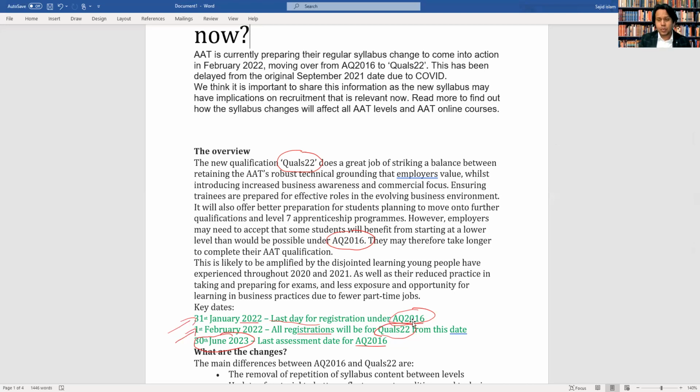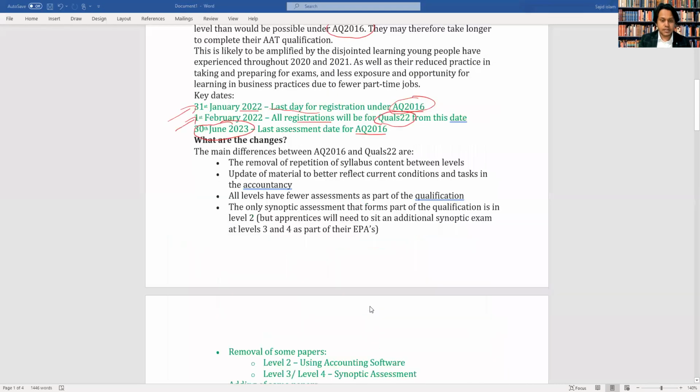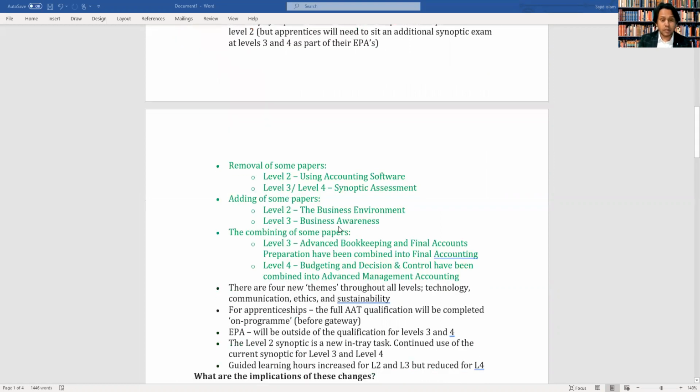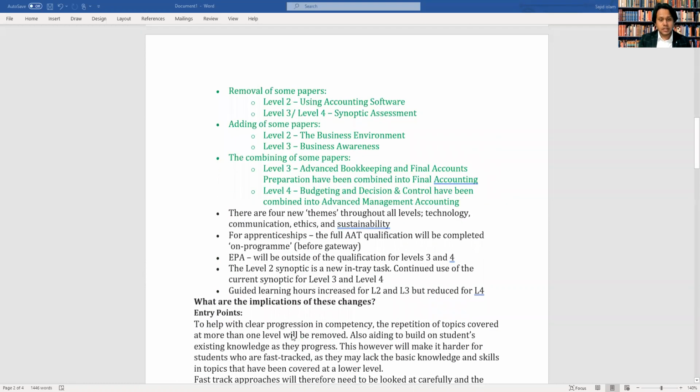What are the changes we have on the new syllabus? They removed some old papers and they added some new papers. So the new syllabus will have some new papers, that will be the addition, and the removal of some old papers. So let's have a look. What is the addition and the removal?